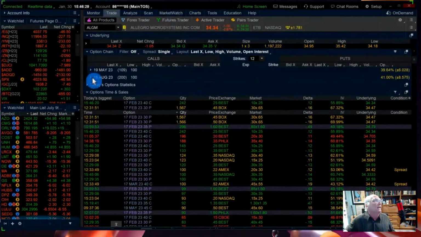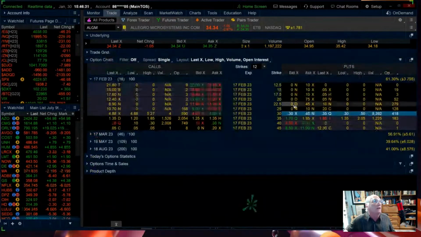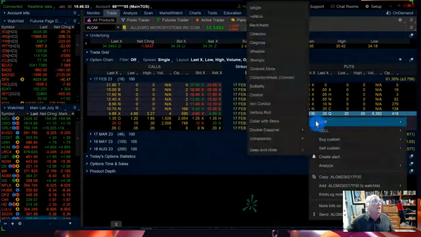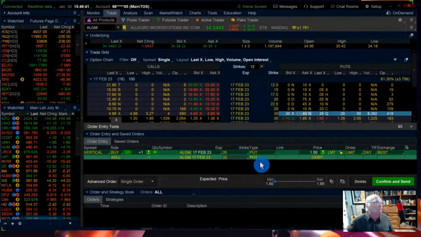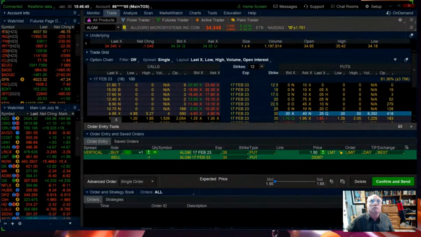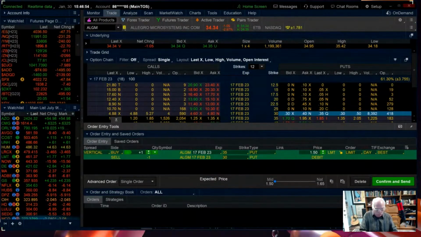So let me put that back in here. This is more a shot. Just keep that in mind. So buy vertical. Okay, a total shot.